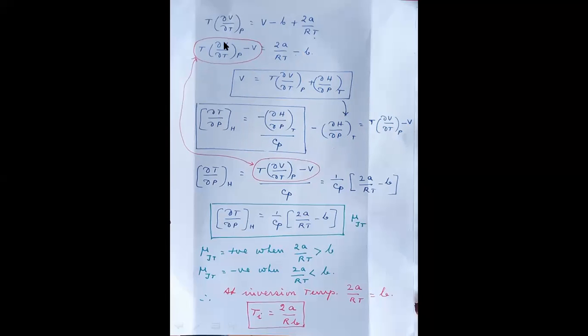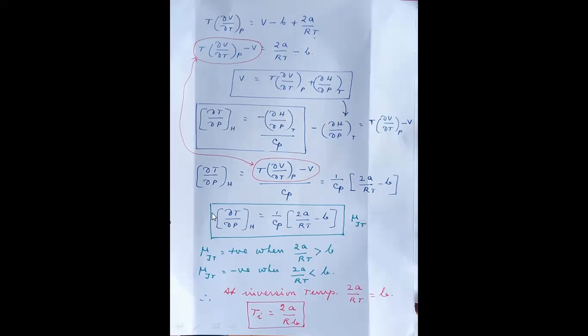Look here, this is what we are trying to arrive at. This is the term we have derived from this equation, but the same particular part is already present here. So this is what is substituted here. Instead of this place, I'm going to write 2A by RT minus B, 1 by Cp.